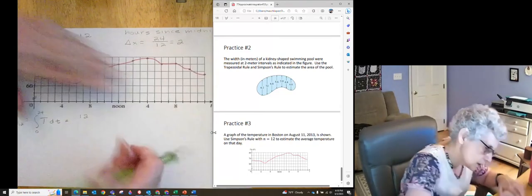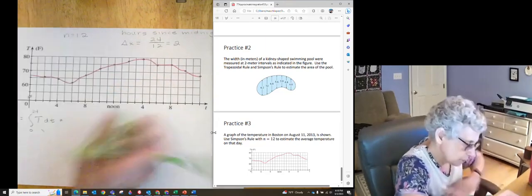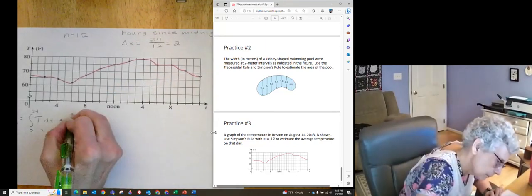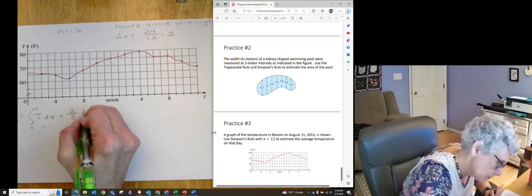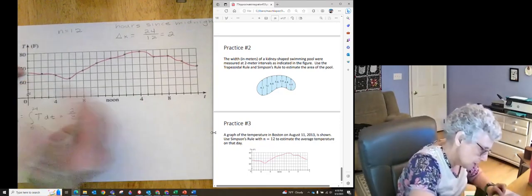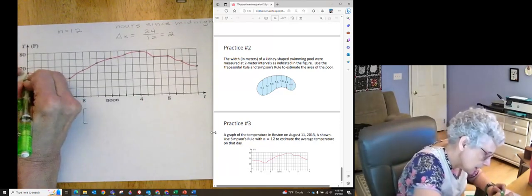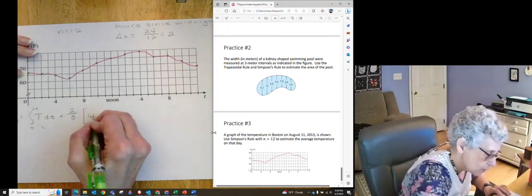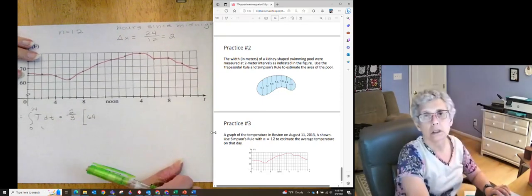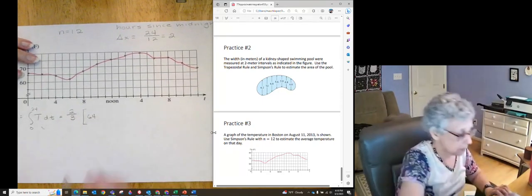No, delta x is 2 over 3, because for Simpson, it's always over 3. Our first input is at midnight, so that would be, I'm going to call it 64. If you called it 63 or 62, I would be okay with that.